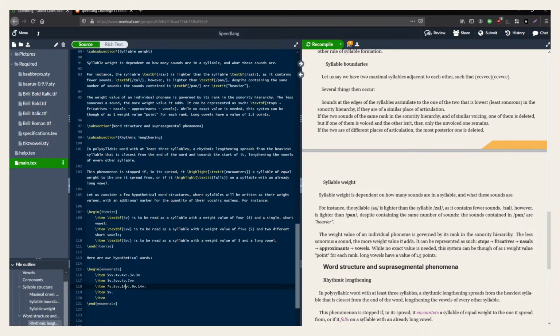So if a long vowel has a value of 1.5, any word that has a long vowel cannot have a whole number as its value, because it is the only segment that has a 0.5 value.